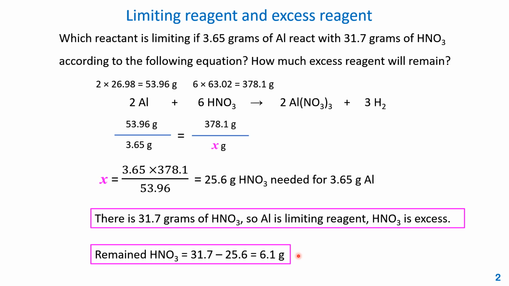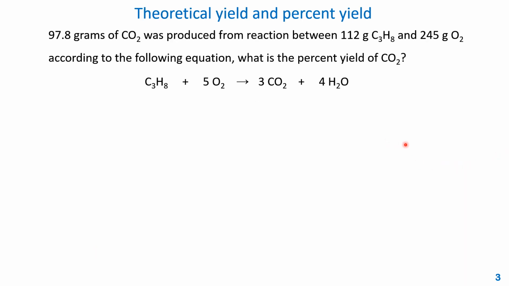remaining excess reagent. Now let's talk about questions about the yield, like theoretic yield and percent yield. For this kind of question, we also usually need to figure out the limiting reagent first, and then use the limiting reagent to calculate the theoretic yield, and then calculate percent yield.